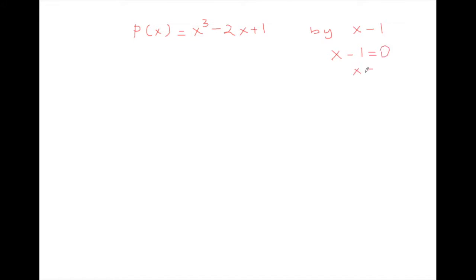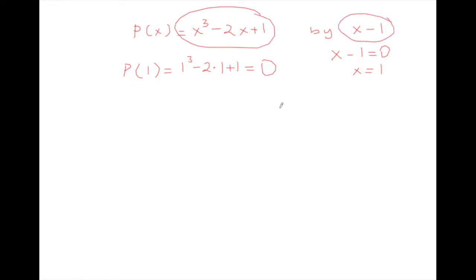You get an a value of 1, and you plug the 1 into p of x. You get p of 1 equal to 1 cubed minus twice the 1 plus another 1. This gives us a remainder of 0. Well, a remainder of 0 means that this polynomial is actually divisible by x minus 1.